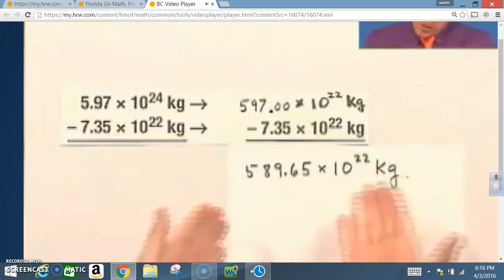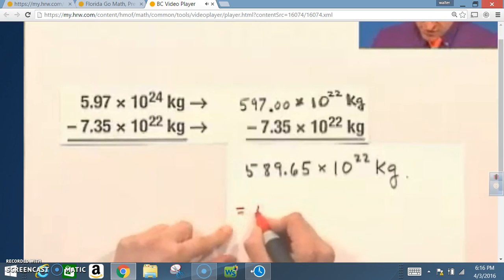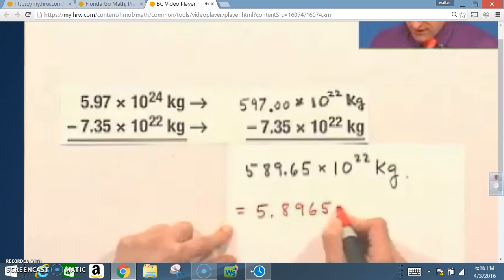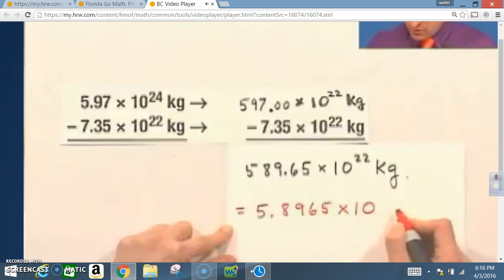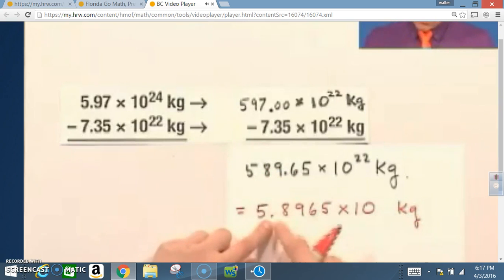Now, am I done? Well, it's the correct answer, but it's not written in the nicest form. I really want to write this in scientific notation. So let's do it together. I want to write this in scientific notation, which would be 5.8965 times 10 to the what? Well, what do I have to put on here so that it ends up actually equaling that? Well, what I've got to do is up the exponent.